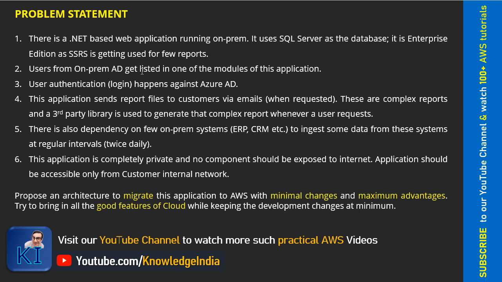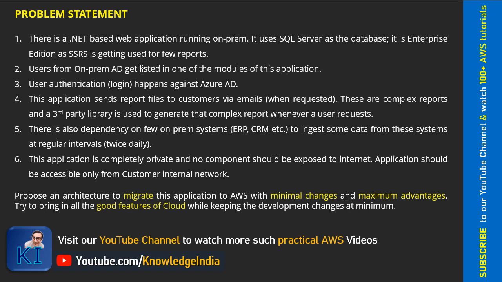So you need to have a mechanism to fetch the users from on-prem Active Directory. As for user authentication to this application, users will not log in using the application's own authentication mechanism. Rather, it would authenticate with Azure Active Directory. For example, there are two methods. Within your application, in the database, you can keep username and password, and your users can authenticate using that password.